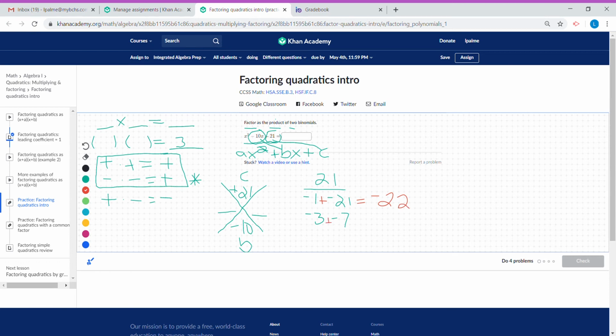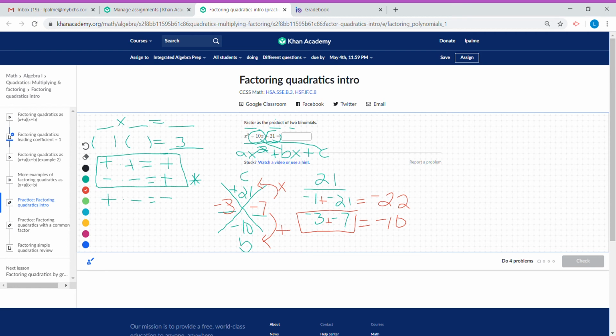So we know that we need negative 3 and negative 7 as our two factors that multiply to give us positive 21 but add up to give us negative 10.